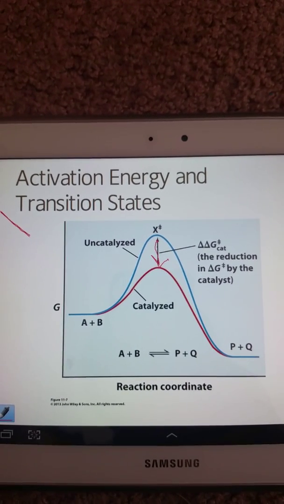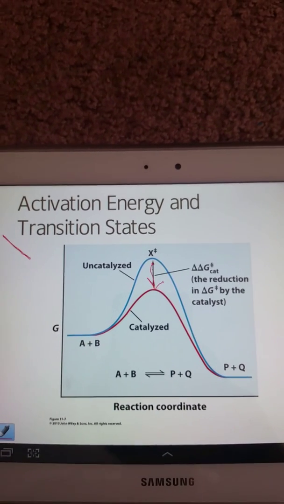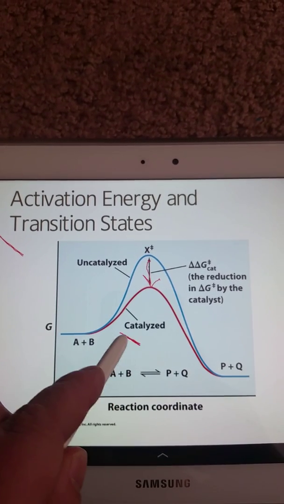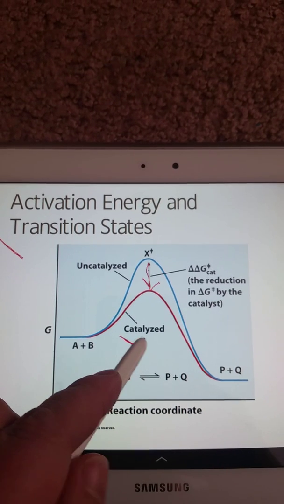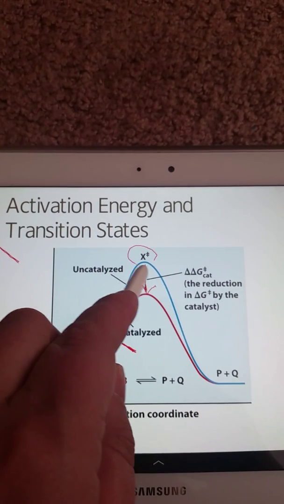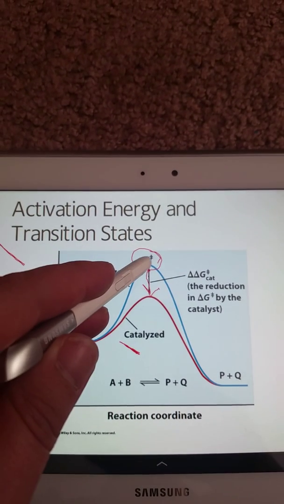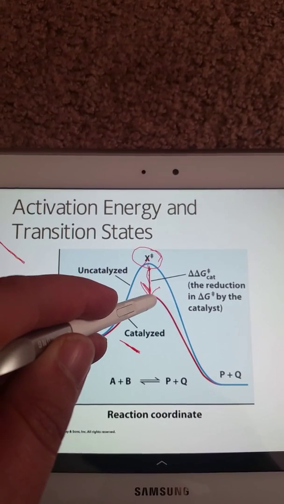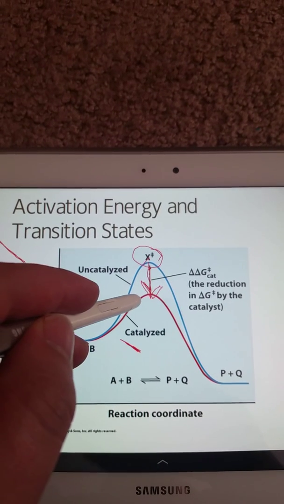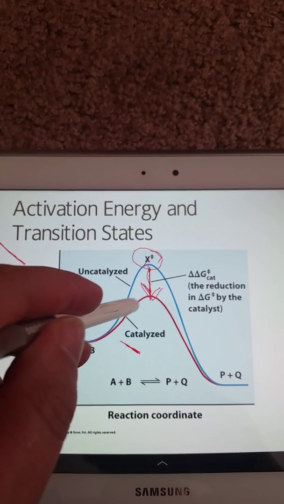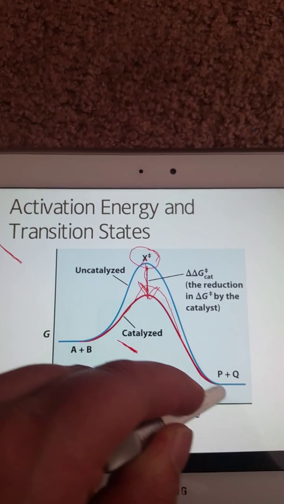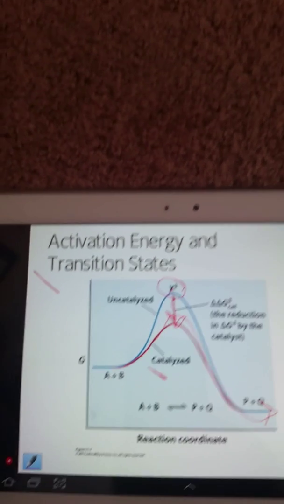Often this activation energy is reduced because the catalyst or the enzyme stabilizes what we call the transition state. By stabilizing the transition state, it brings it down to a lower energy level so that we can get to it easier and then come down to the product.